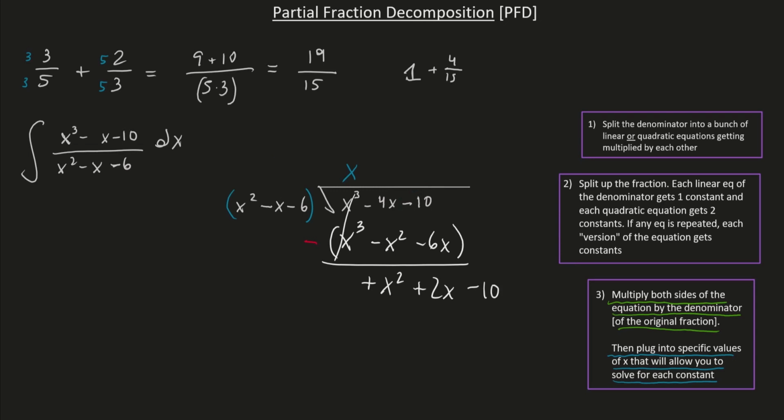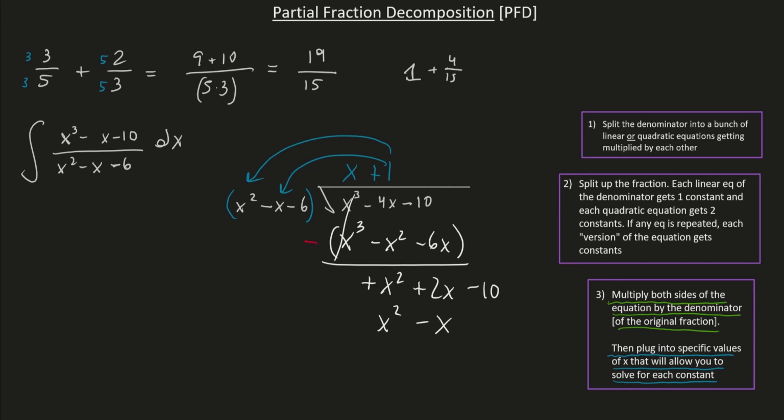Alright, now we have to do this process again. What number should I multiply by this whole thing to cancel out my x squared? Well, a positive 1 will do it. Positive 1 into x squared gets us that x squared. Positive 1 times negative x gets a negative x.